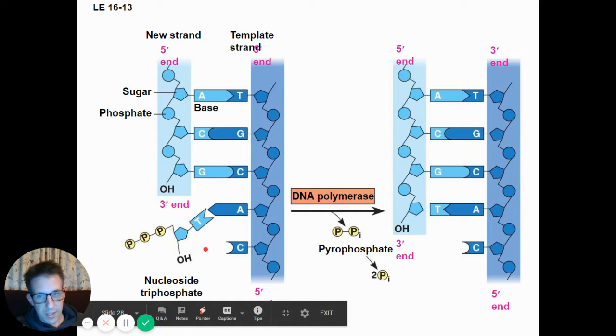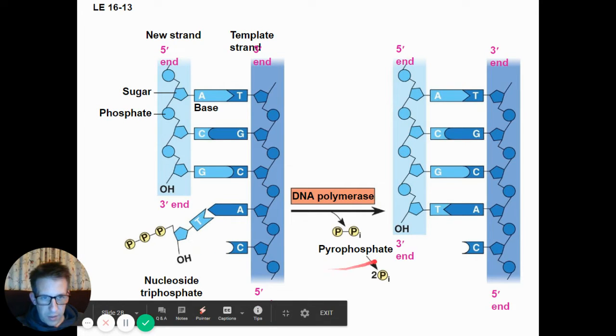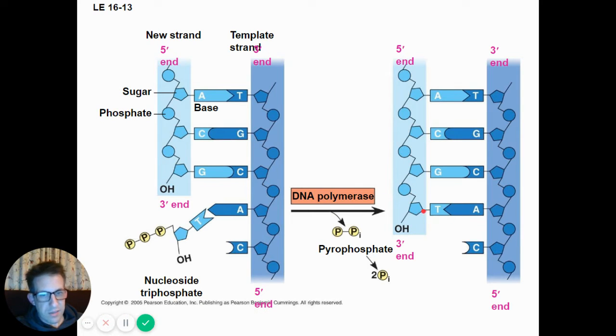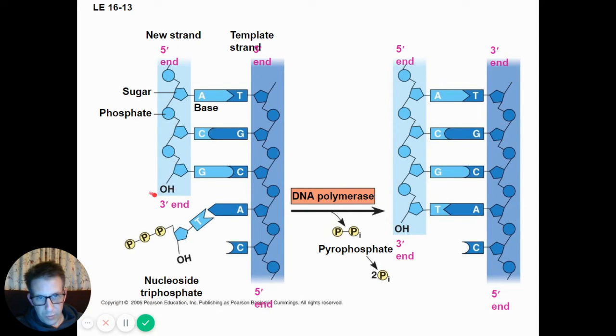Okay, it is yet to be added. And the one we're going to add here is T, thymine. And we see that it is not added here, and then over here, it has been added. Okay, now what's changed? The fact that we added DNA polymerase. Okay, so DNA polymerase facilitates the attachment of this guy right here to this hydroxyl group right here.